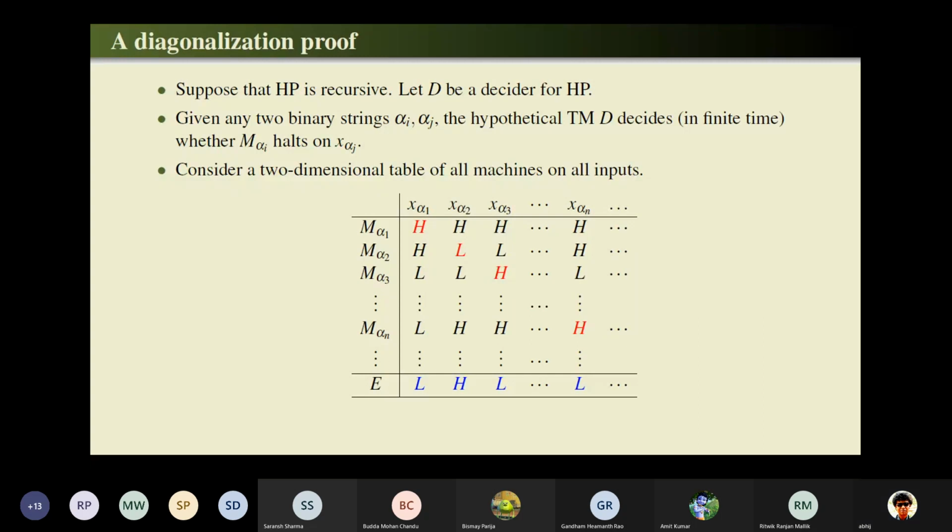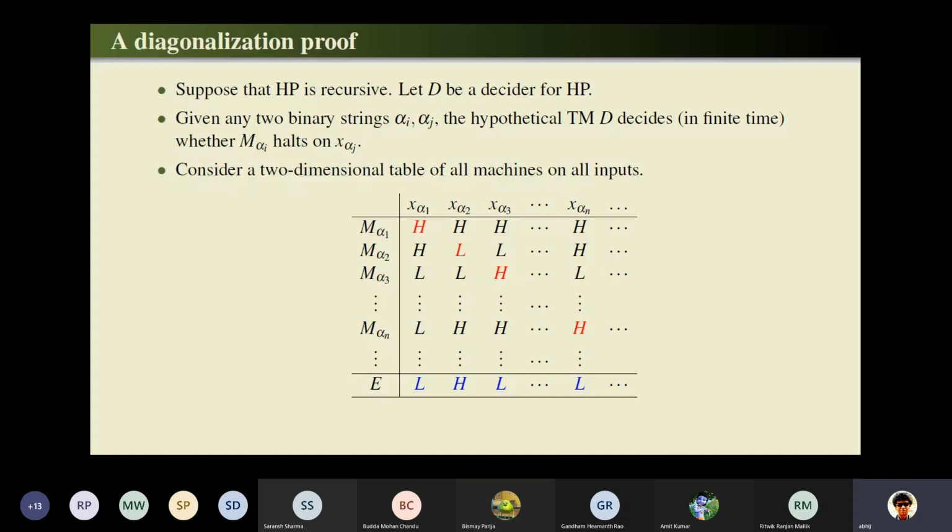As row headers, I consider these as machines. As column headers, I consider these as inputs. And then it makes sense to talk about some ijth entry.